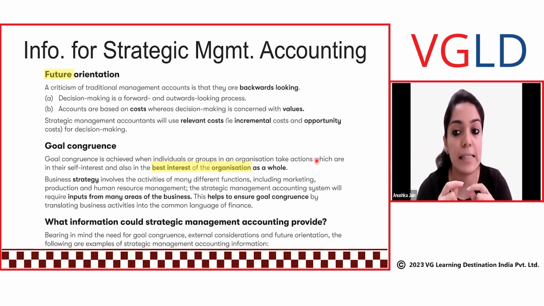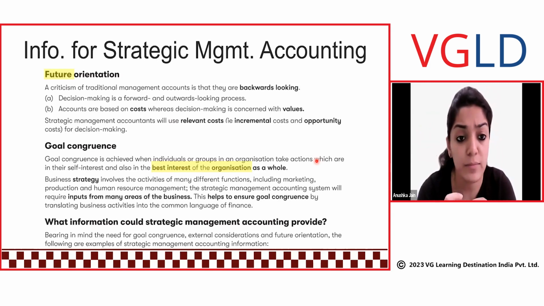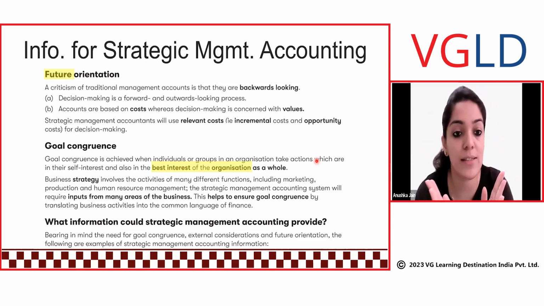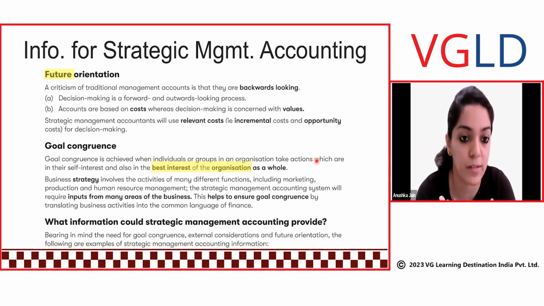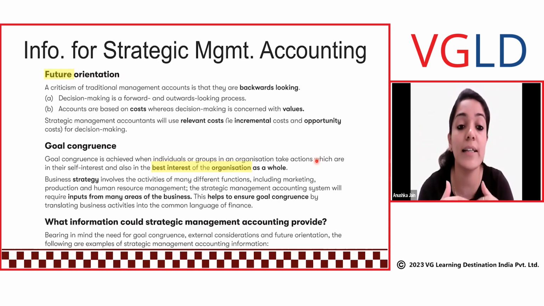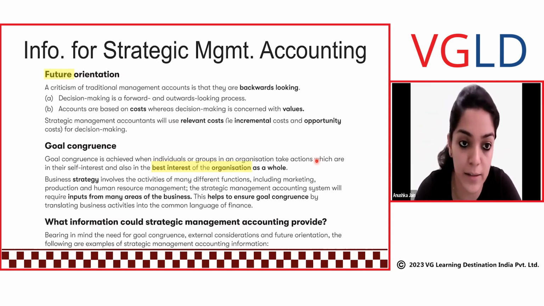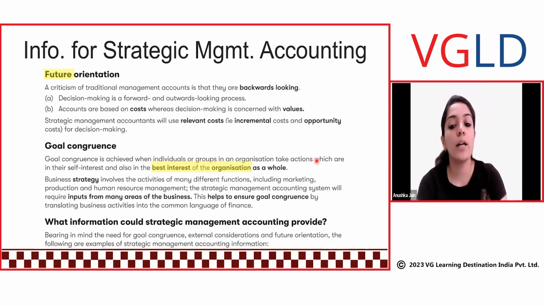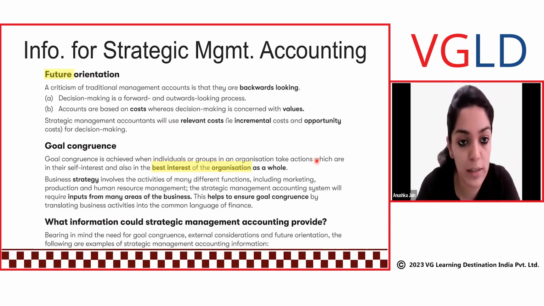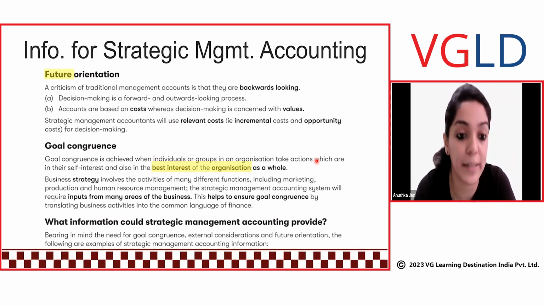If there is a mismatch, then the organization and the divisions will start running in different directions. So the organization-wide goal should be reflected in the individual goals of the departments and the teams working under it. So that is about goal congruence. Next topic is what information could strategic management accounting provide?